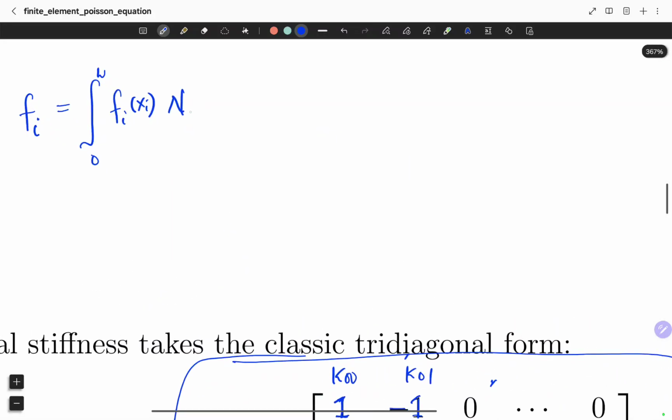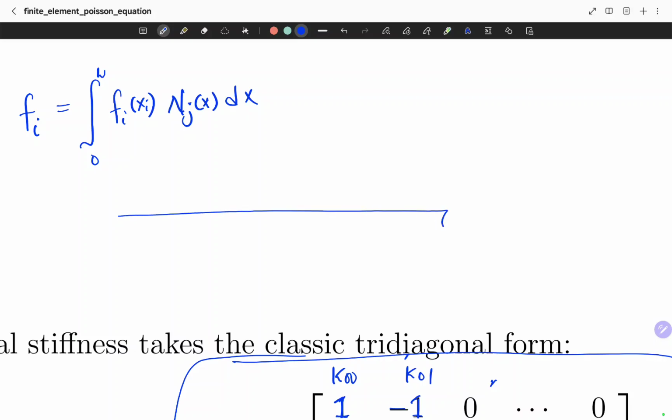So nj of x dx. What do you do here? As usual, this function, if it is known, you will know the value of the function at these points: f of x0, f of x1, f of x2, f of x3, f of xn, and you already have n0.